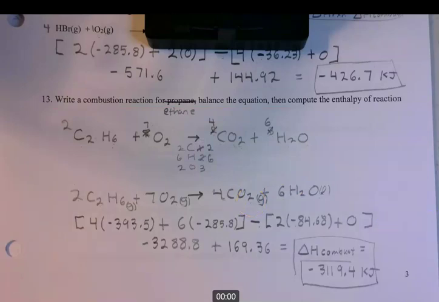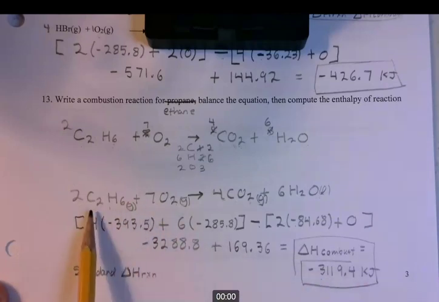Okay, now in this problem, there's an additional issue involved. And that is, when we figured out this enthalpy of combustion, it was for 2 moles of ethane. So now we're going to define another term. It's the standard enthalpy of reaction. And what that is, it's the number of kilojoules per mole.